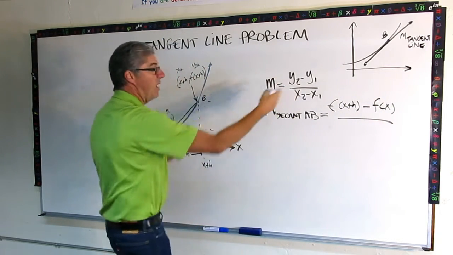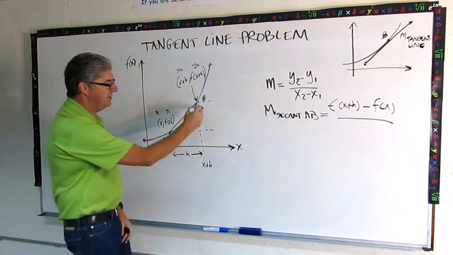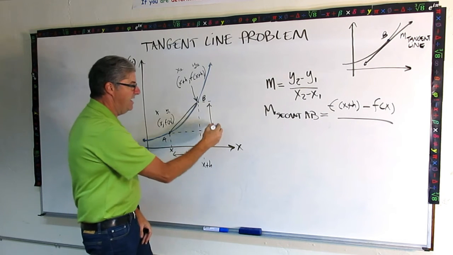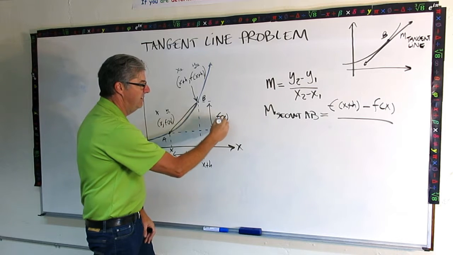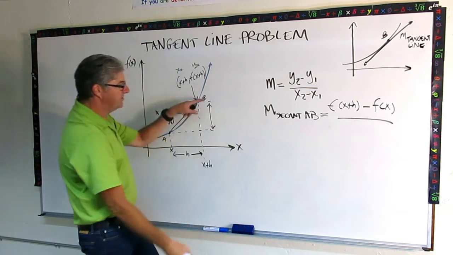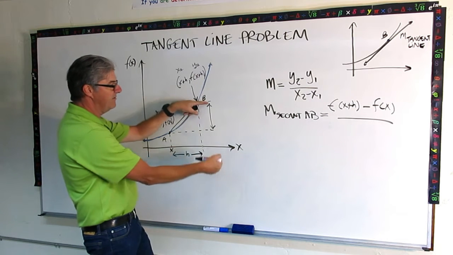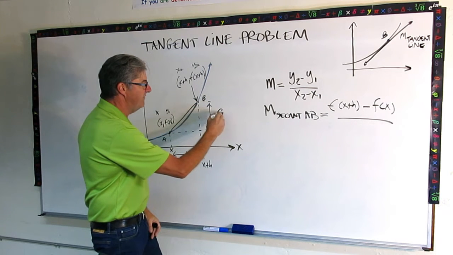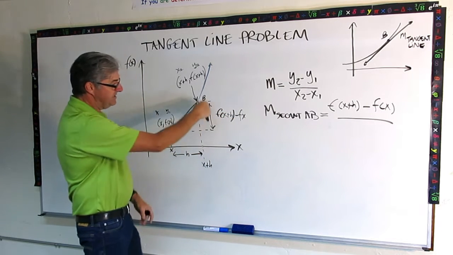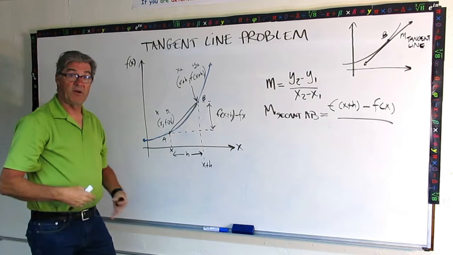That's the change in y, that's the rise, and we can denote that here on the graph. We subtract where we started from where we wound up. So here's where we wound up, which is f of x plus h, minus f of x. That's this distance, the change in y, or the rise.